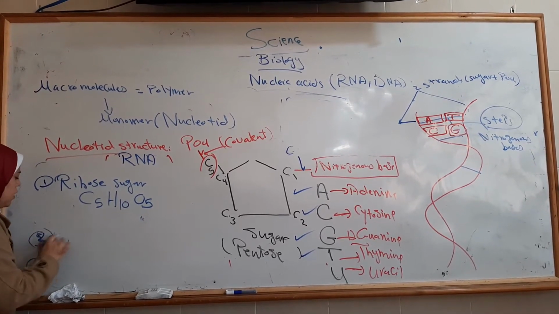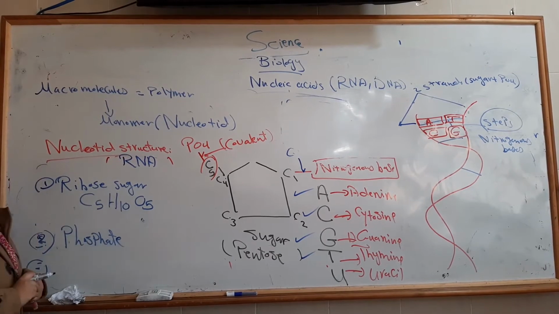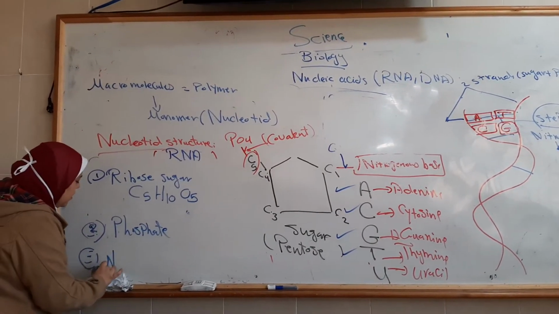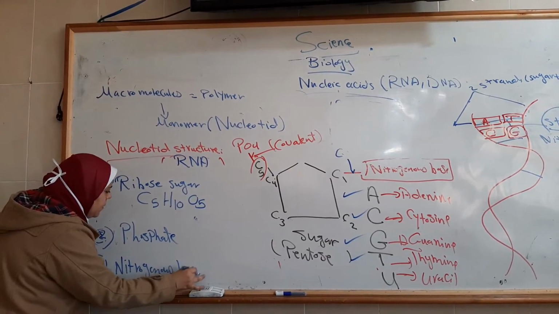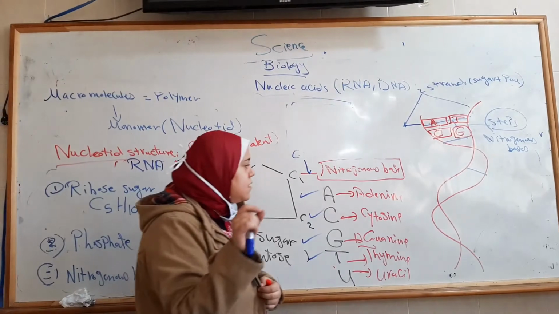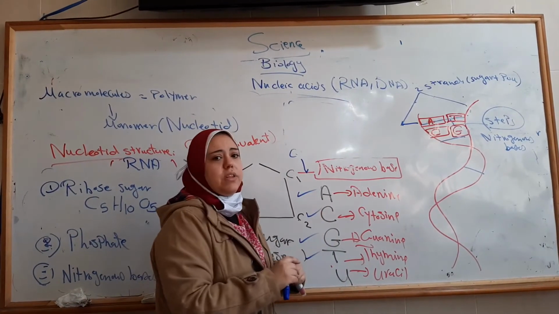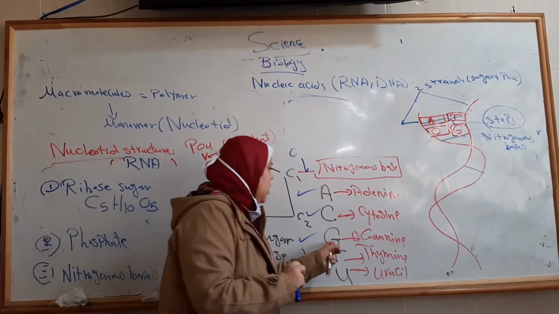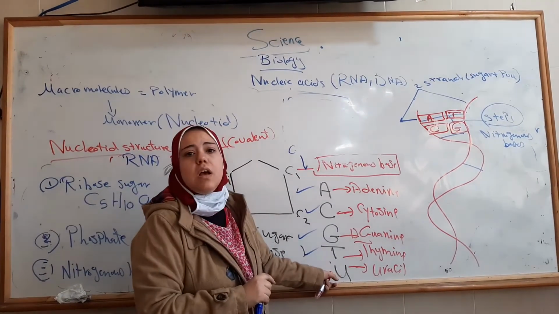Number 2, phosphate. Number 3, nitrogenous bases. The types of bases present inside the nucleotide of RNA: adenine with me, cytosine with me, guanine with me, thymine no, instead of it, uracil.